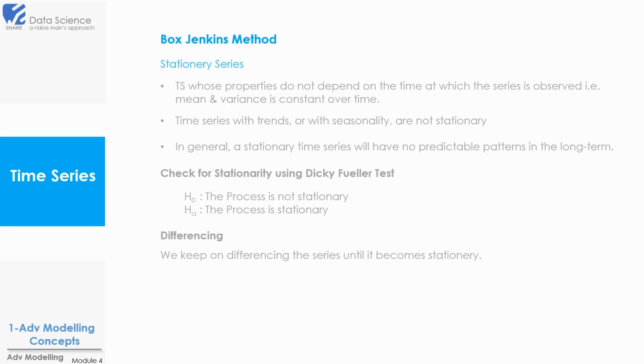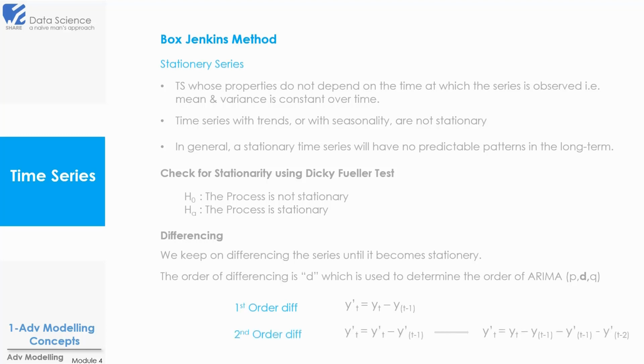Now this order of differencing is used to determine the order of ARIMA, which is given by D. When we difference the value from its previous value, it is called first order differencing. But sometimes first order differencing does not work, so we go for second order differencing as shown here. It is very rare that we go beyond second order differencing. But I hope you have got the idea of how differencing works. So let's move on to the next part.